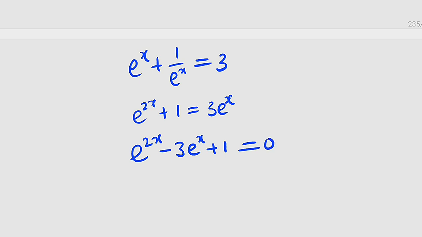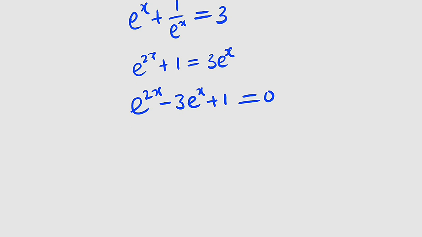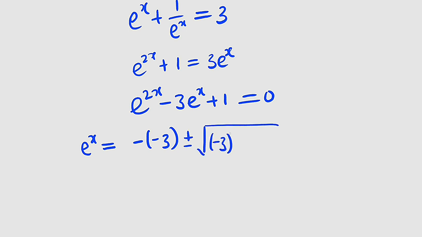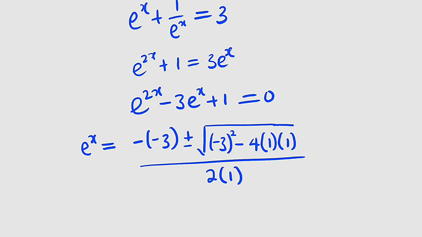This is another quadratic equation in terms of e^x, but we cannot factorize this. Rather, apply the general formula, in which we are going to solve the equation in terms of e^x. Therefore, e^x will be equal to minus b, you know, b is going to be this one, so minus (−3) plus or minus the square root of (−3)² minus 4, a is 1, c is also 1, divided by 2a, to multiply by 1, right?